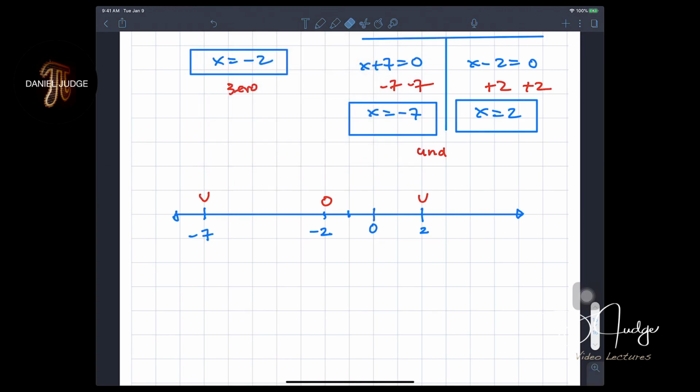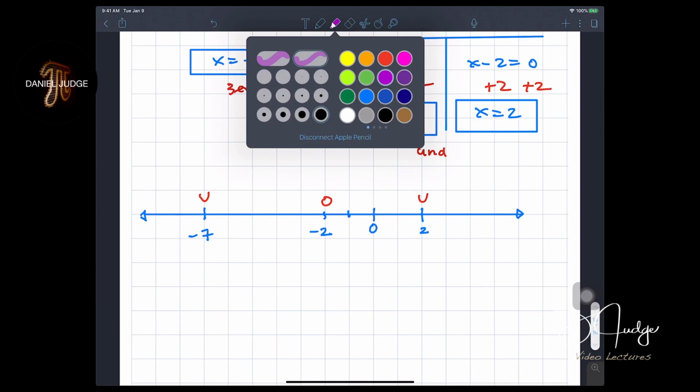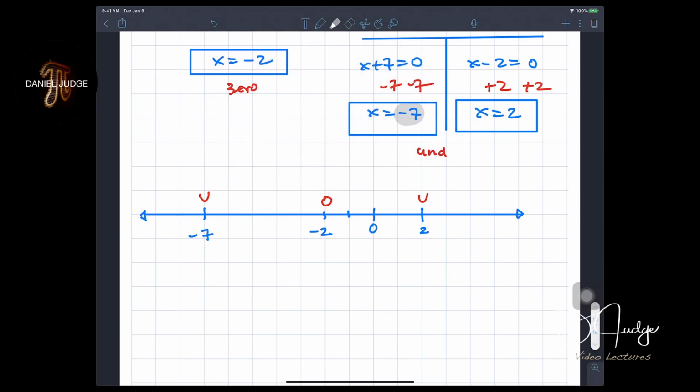So I want you guys to really keep track of that because this is the reason you did the first part. This is why you solved the way you did. So double check, right? When x is negative 7 and positive 2, here's positive 2, here's negative 7. This is the undefined part. When x is negative 2, that makes it 0.